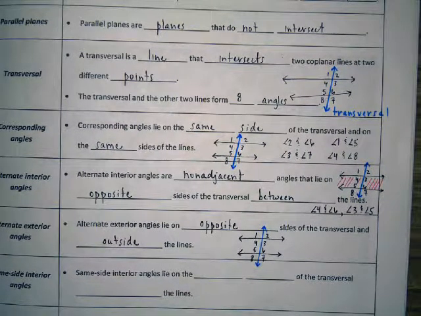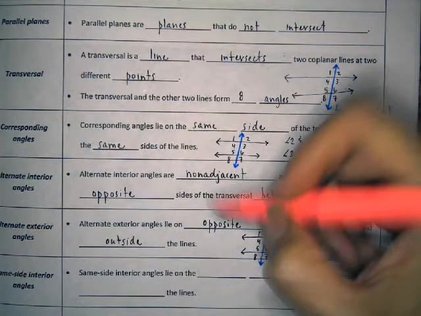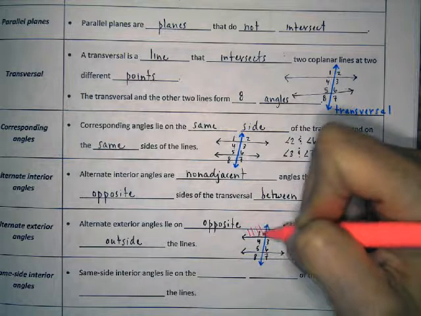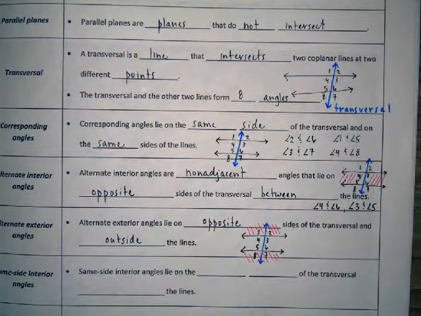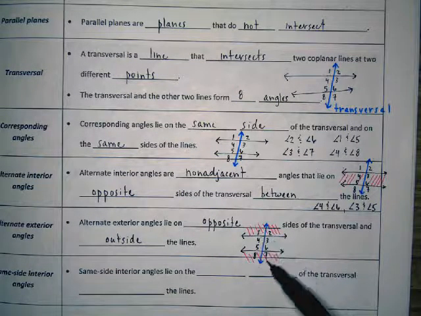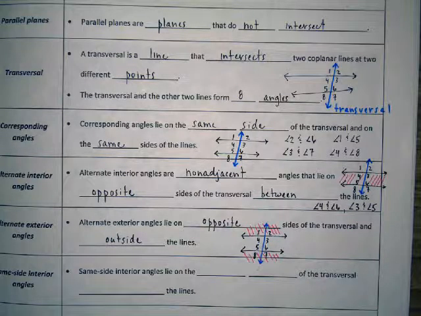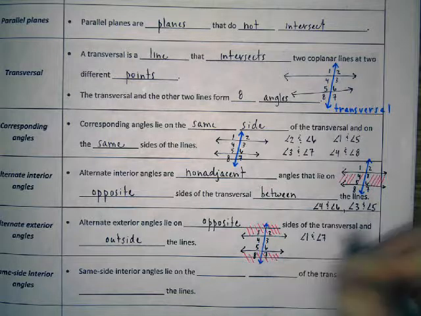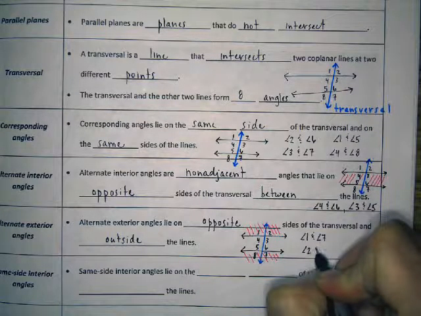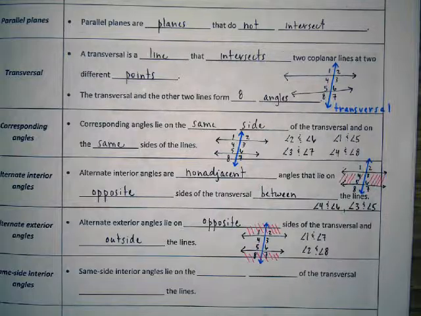Now I'm only focusing for my alternate exterior on angles that are outside of those 2 lines. So I'm looking in this new area formed by the pink, and I'm down to angles 1, 2, 7, and 8. Now I'm looking for angles that are on opposite sides of the transversal. So I'm looking at angle 1 and angle 7, and angle 2 and angle 8 for my alternate exterior.